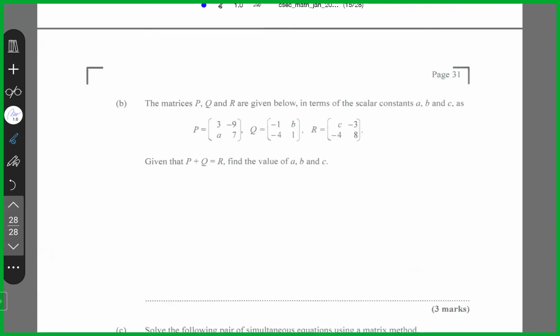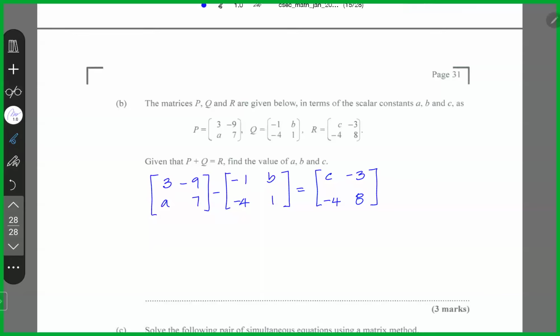We're told that the matrices P, Q, and R are given below in terms of scalar constants A, B, and C. Now, given that P plus Q is equal to R, find the value of A, B, and C. So P plus Q would be 3, minus 9, A, 7, plus Q, minus 1, B, minus 4, 1, is equal to R, which is C, minus 3, minus 4, 8.